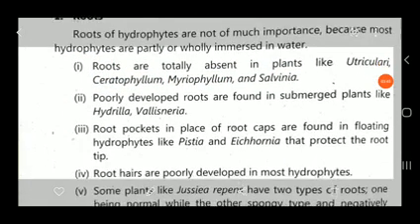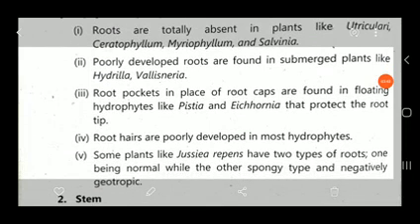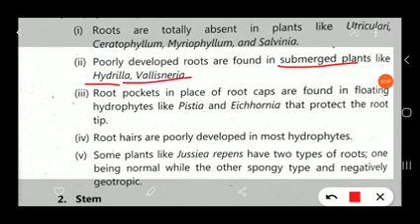Second point, poorly developed roots are found in submerged hydrophytes like Hydrilla and Vallisneria. In these submerged hydrophytes, the roots are not much developed.